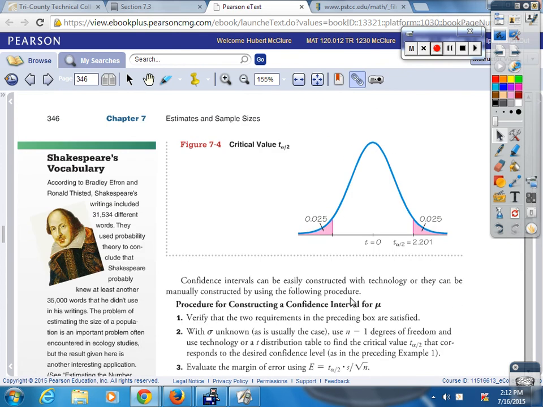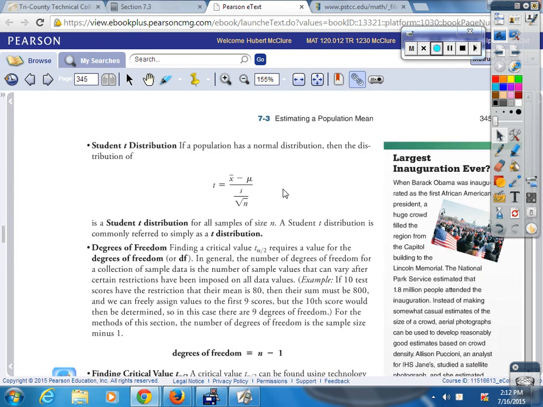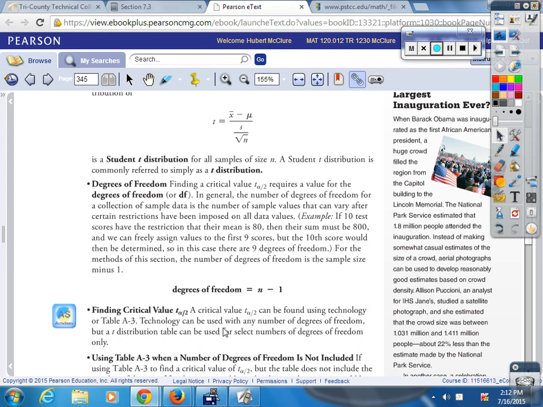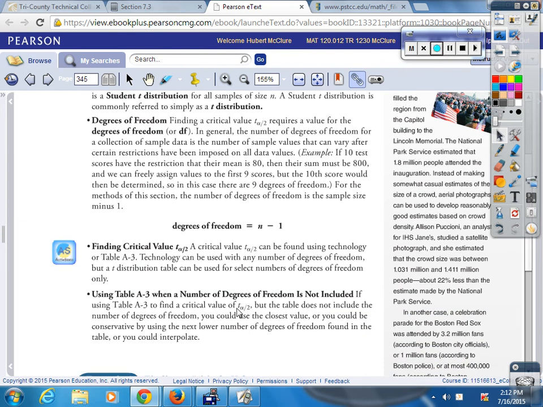Now, there's got to be a reason. All right, what does it say there?